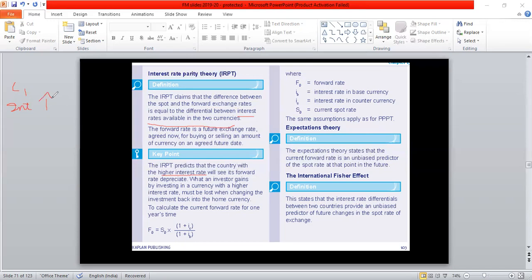Higher, we'll see forward rate depreciate. So the forward rate would be less. Why do you think so? Is there any logic behind that?